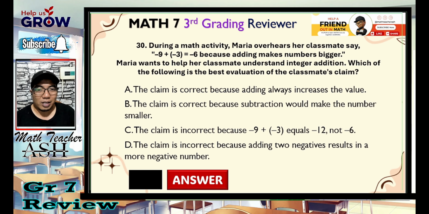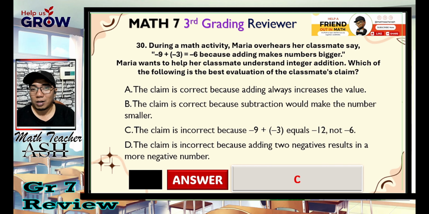But we are finding the best evaluation of the classmate's claim, so we will be using the actual values being interpreted, which is the negative 9 plus the negative 3. Therefore, letter C is the best answer for this question. Let's check whether we are correct. Alright, my dear math learners, we are correct. So I hope you got that one.